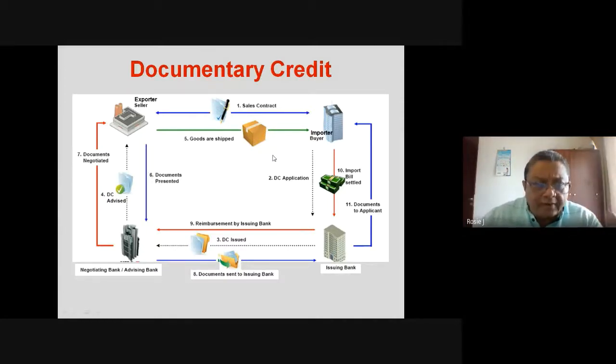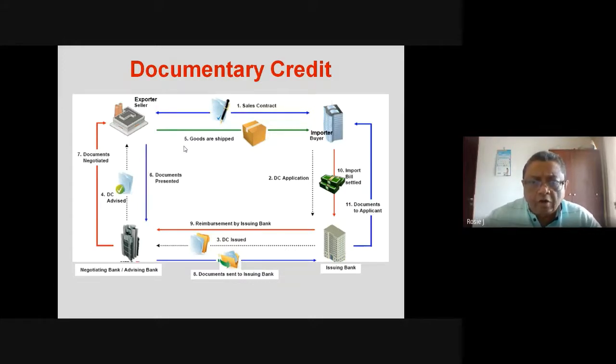So I told you what revolving LC is. I told you how the face value is 100, and what is cumulative, non-cumulative.